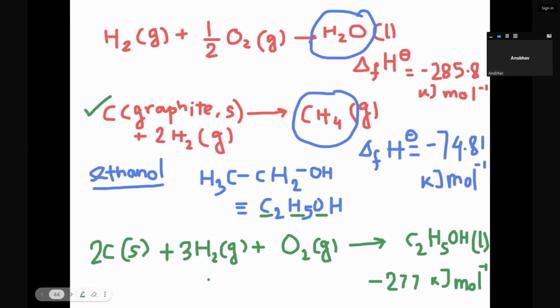So we'll put 3 over here because 3 into 2 will be 6. And we have 1 oxygen atom over here, but we have 2 oxygen atoms on the left, so we will multiply this by half. So it will be 2C plus 3H2 plus half O2 will generate C2H5OH, which is the standard enthalpy of formation of ethanol, that is minus 277 kilojoule per mole.